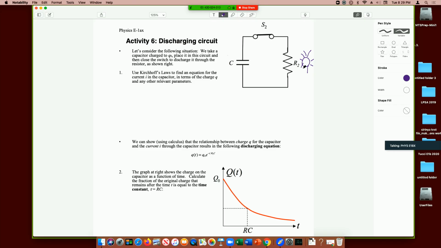It's going to get really bright and then dim and then turn off, right? At first there's going to be a lot of charge going through it as the charge from the capacitor goes through the resistor. And then the current's going to drop off exponentially, and so the bulb will get dimmer and dimmer.